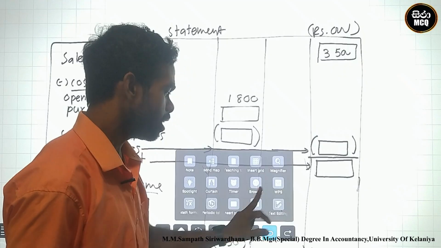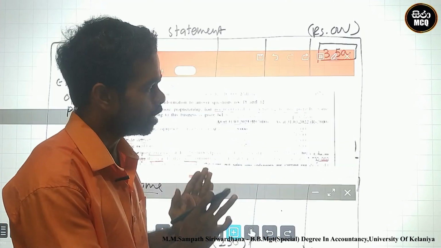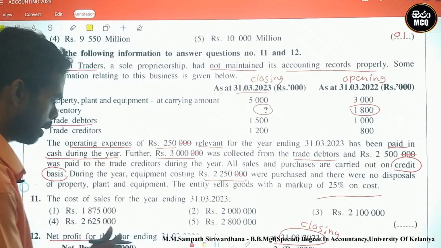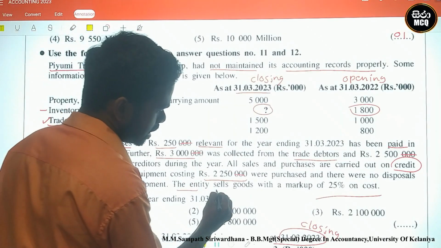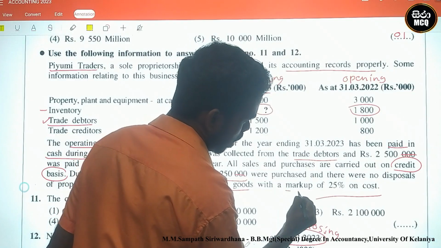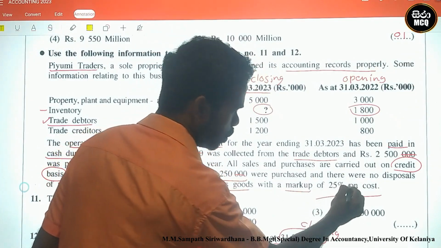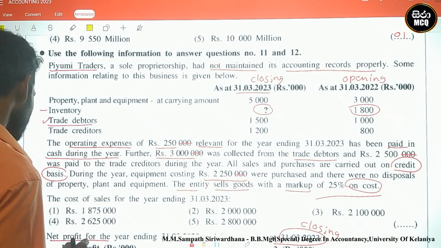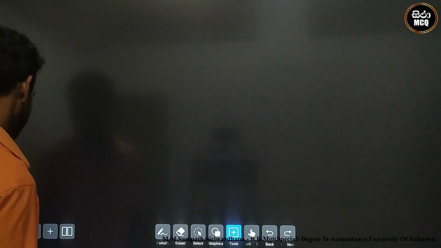At that time the question gives the major items' relations using percentage. Look here, the entity sells goods with a markup of 25% on cost. Okay, 25% on cost. What is the meaning?